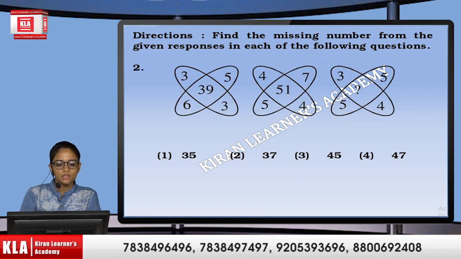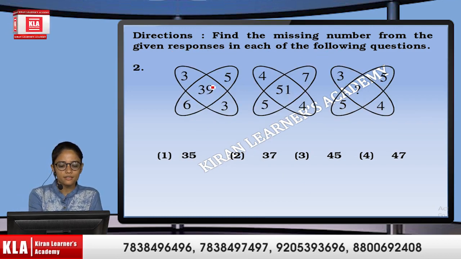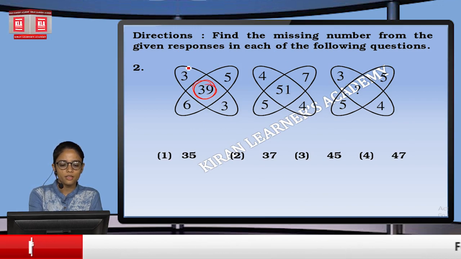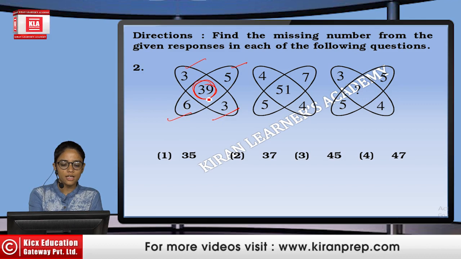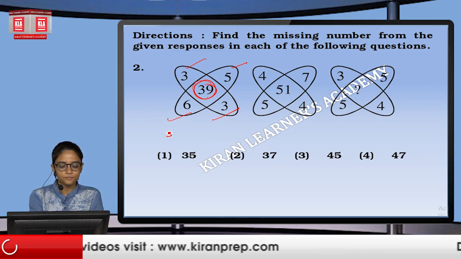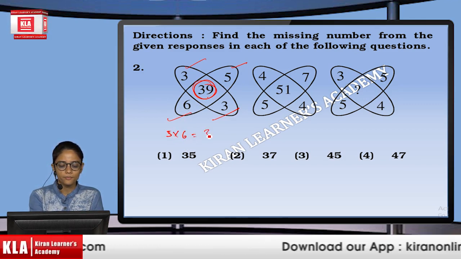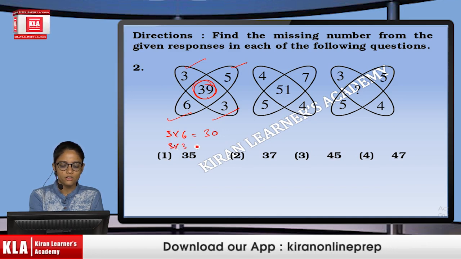Next question, we have to calculate this number on the basis of the 4 numbers given outside. As this number is quite bigger than all the 4 numbers, we can apply multiplication. 5 into 6, 30. Then 3 into 3, that is 9. If I add them up, I will get 39.